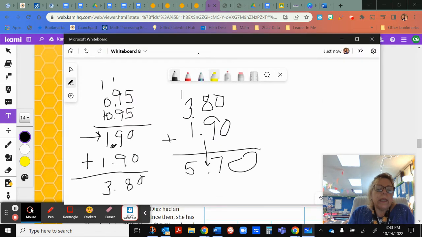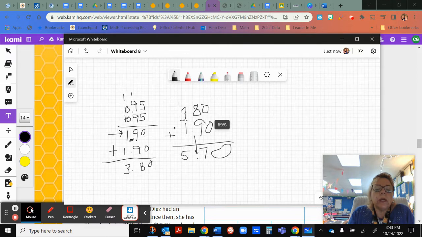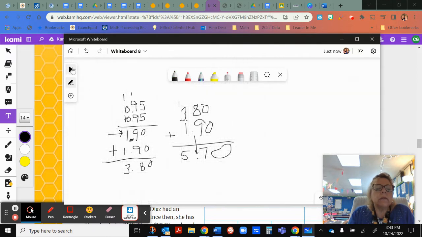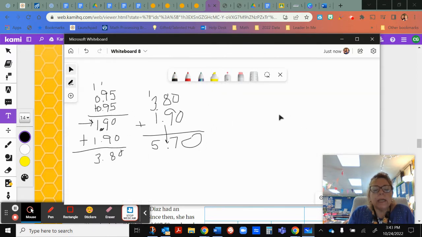Just to let you know here, if you wanted to, I'm just going to shrink this up a bit and move this over just a tad. And let me show you this part here, right, was the cost of 2 bags.